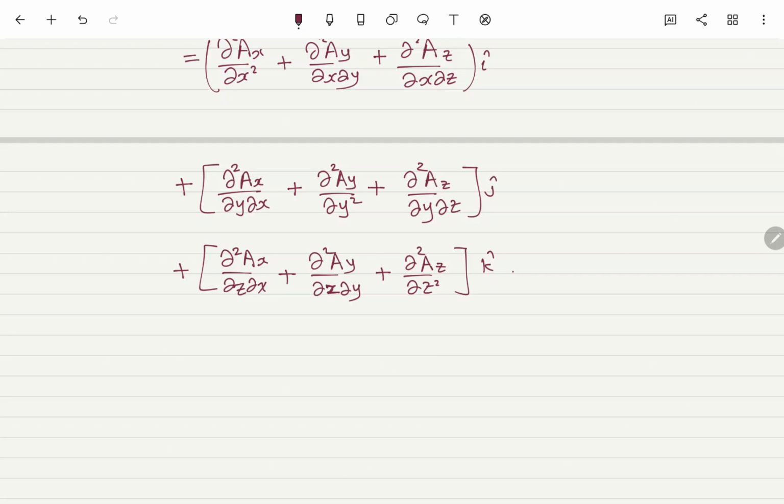Now let's move to the third possible case, which is the curl.